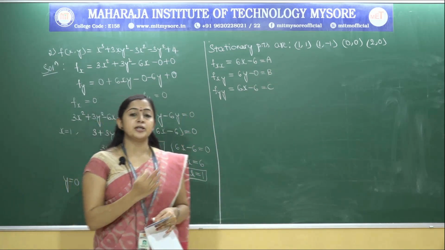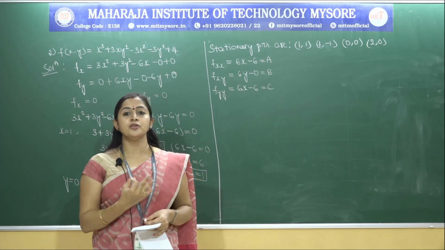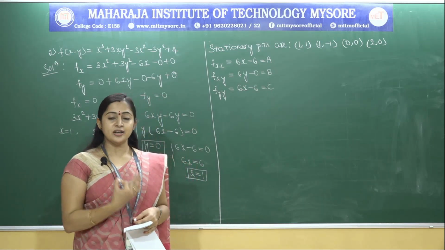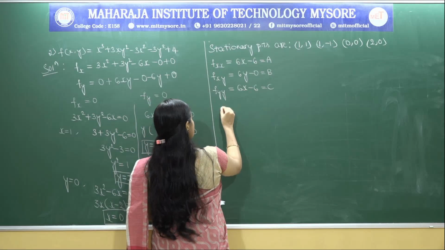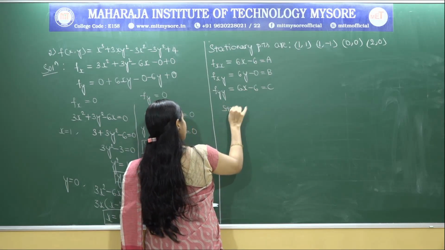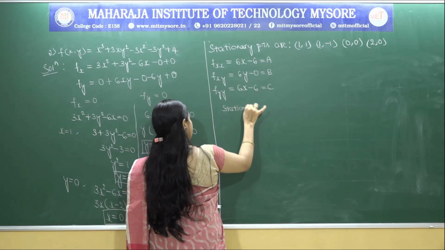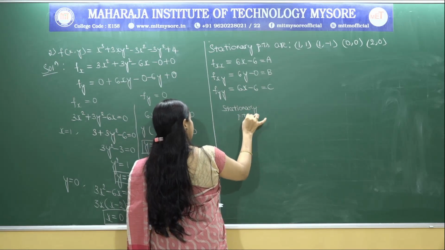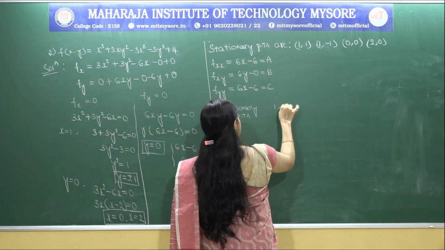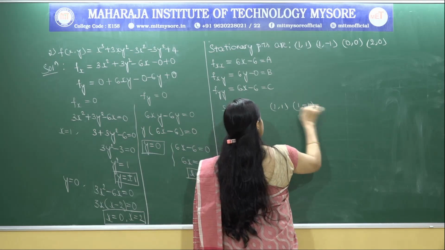Then evaluate these at all the stationary points, then compute AC minus B square. For that I consider a table. First I consider the stationary points: 1 and 1, 1 and minus 1.